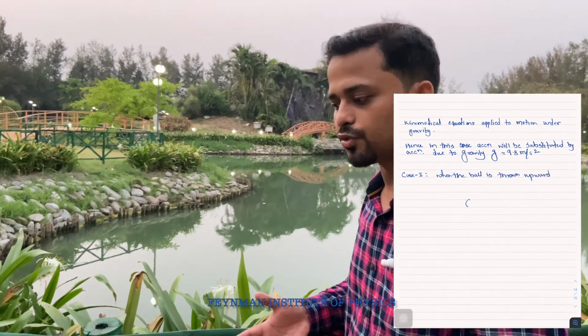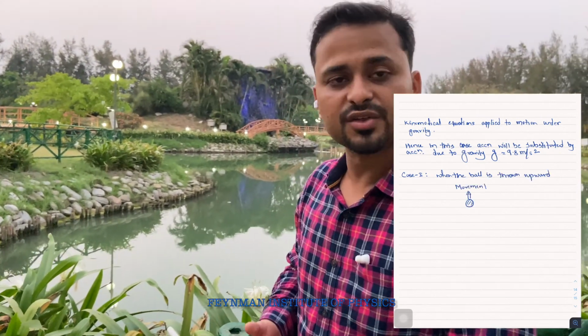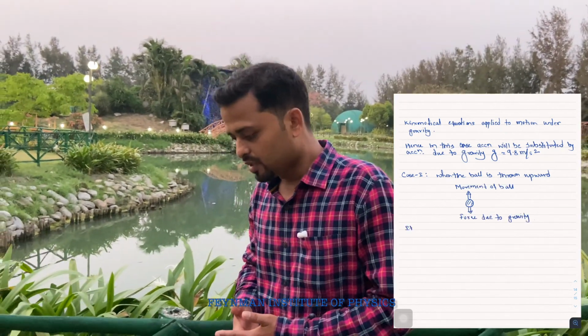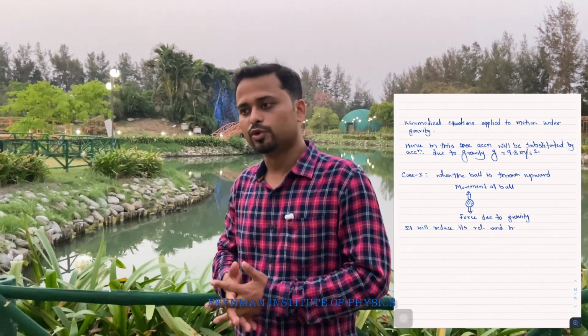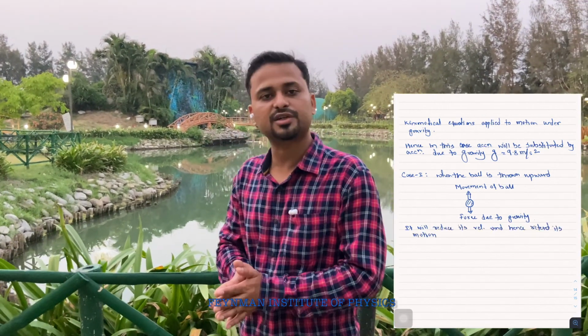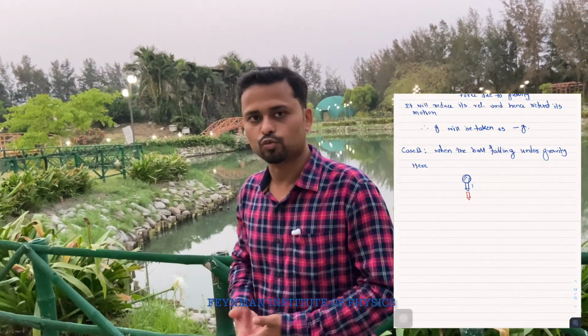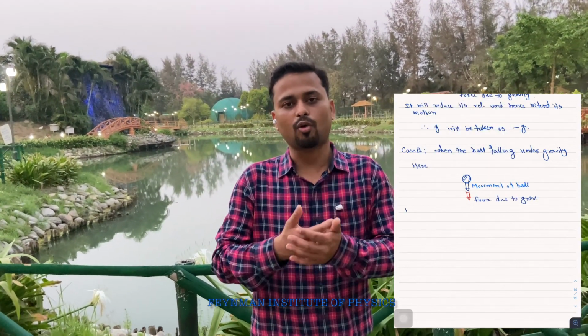We use g, that means acceleration due to gravity, 9.8 meter per second square or 980 centimeter per second square, in place of acceleration, because for that specific condition acceleration is the acceleration due to gravity. So we can write our formulas as V is equal to u minus gt, S is equal to ut minus half gt square, and V square is equal to u square minus 2gs. Why are we using the negative sign? Because here the motion of the object is in the direction opposite to the force applied over it.